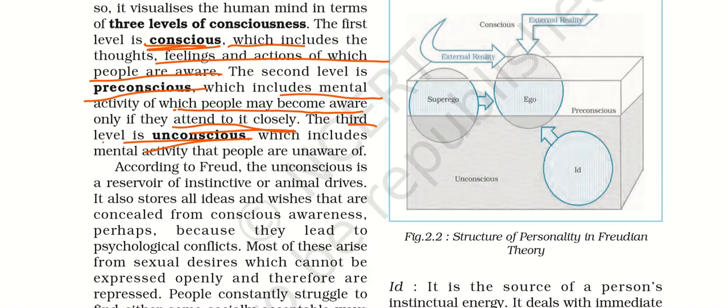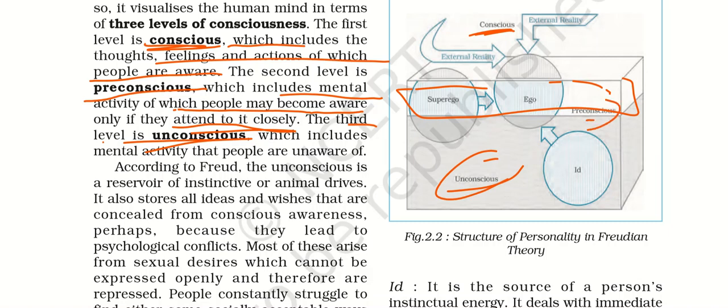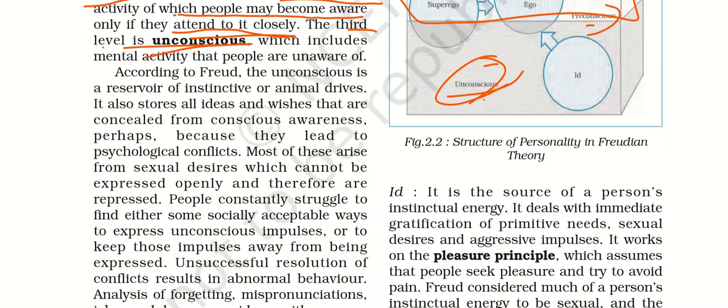So he explained it like this: conscious, then pre-conscious, which can be recalled, and your unconscious, which is deep down below the surface. According to Freud, the unconscious is a reservoir of instinctive and animal drives.